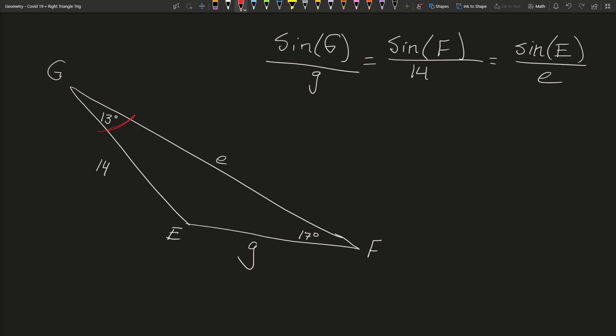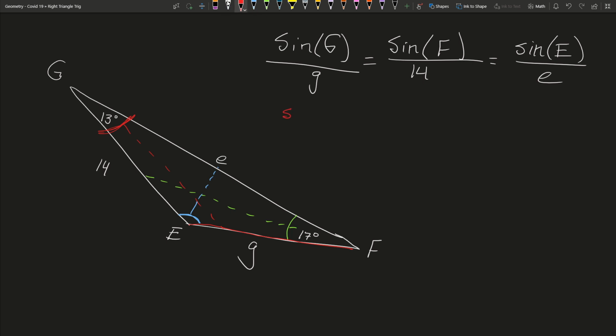So sine of g, this angle, its opposite side length, sine of angle f and its opposite side length, and then angle e with its opposite side length. We need to be able to locate opposite sides and set up this proportion. If we're able to do that, and a little bit of calculator work, again, this shouldn't be very difficult.